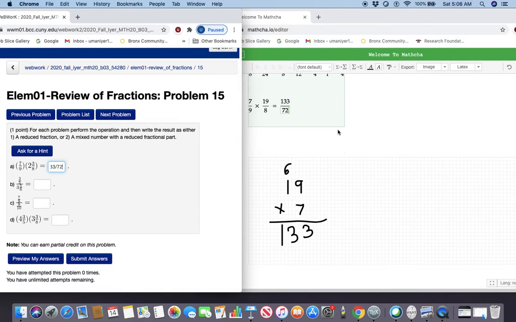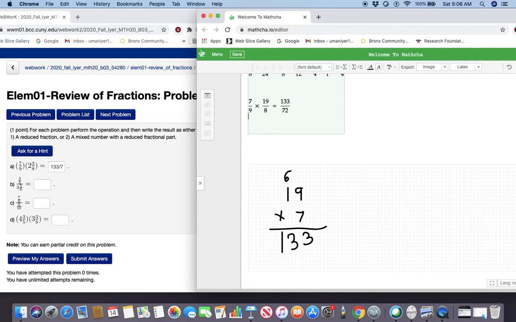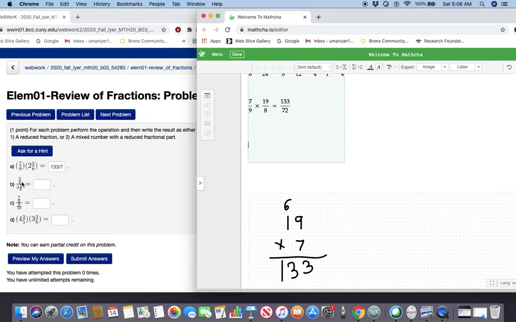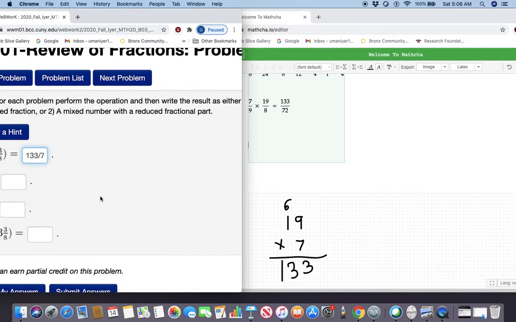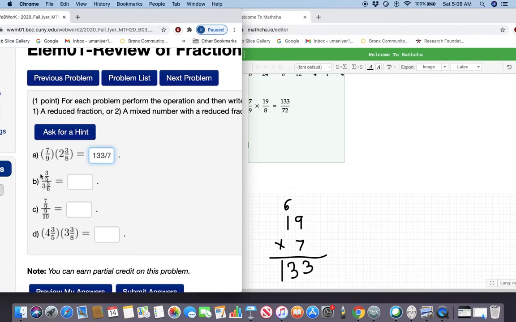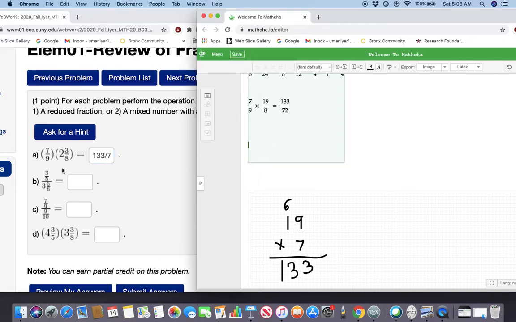Next, you notice there is a division. Let's expand this, zoom in a little bit. So you have a numerator and a denominator, so it is a fraction of fractions.